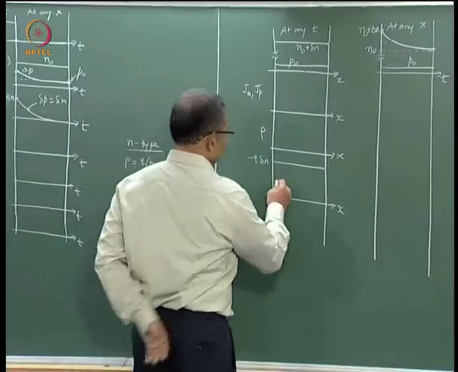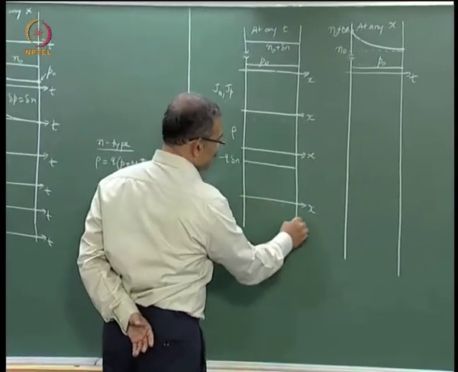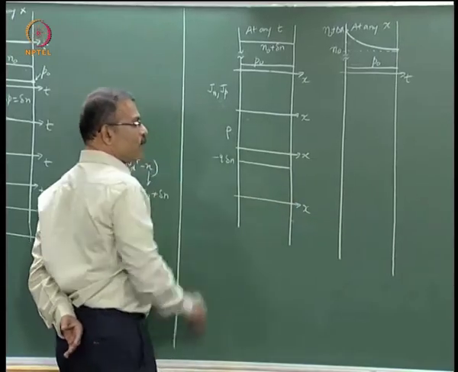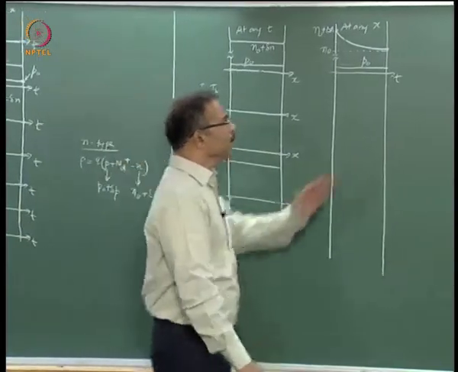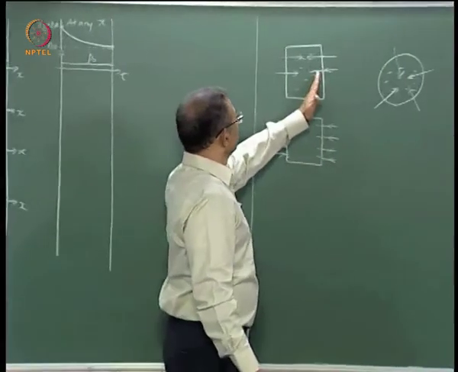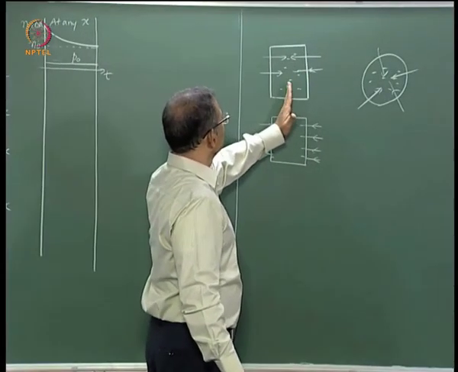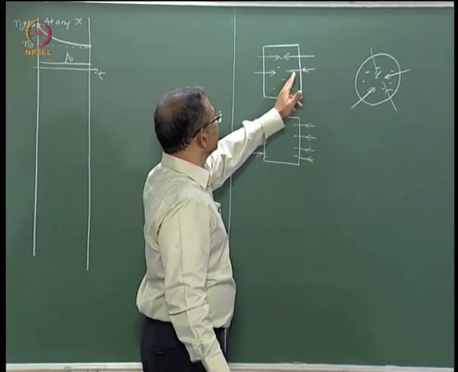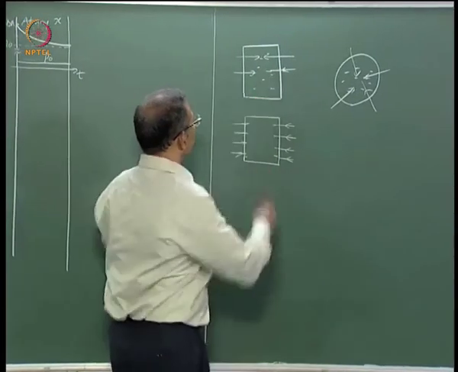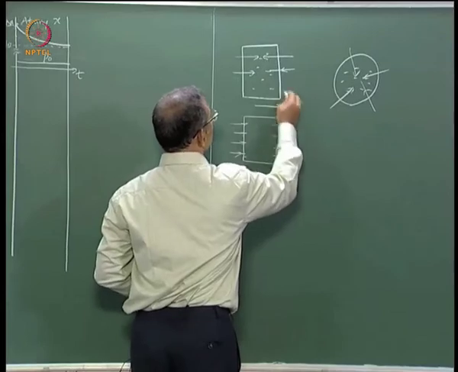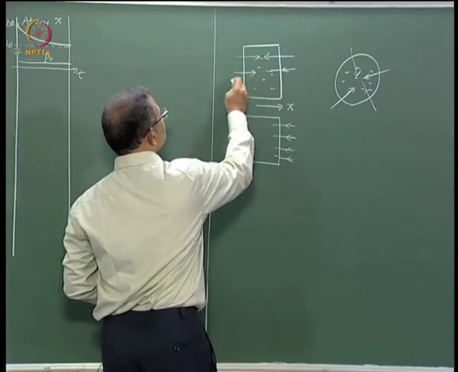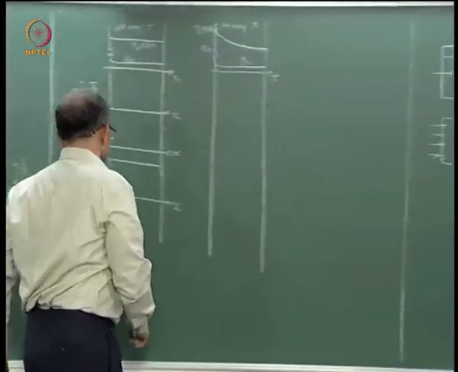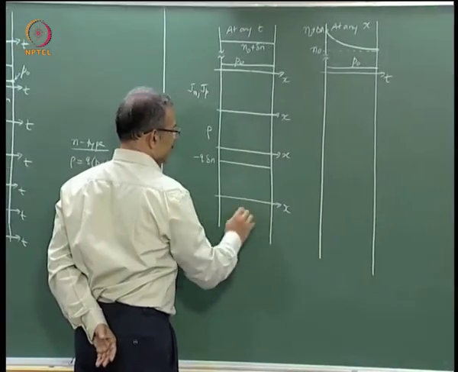So either the field picture will be linearly varying like this or like this. Now which is the correct one? Well, you can look at the picture here. You can see that towards the right surface the field is inside. So this means the field is in the negative x direction at this surface, and at the other surface it is in the positive x direction. So the picture would be something like this.